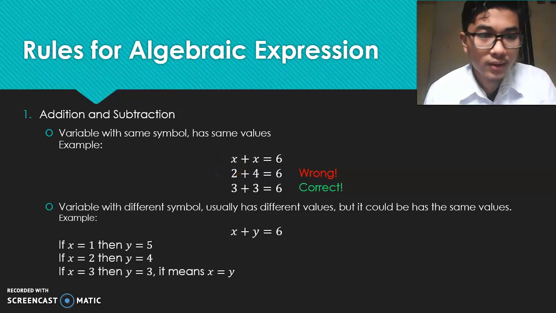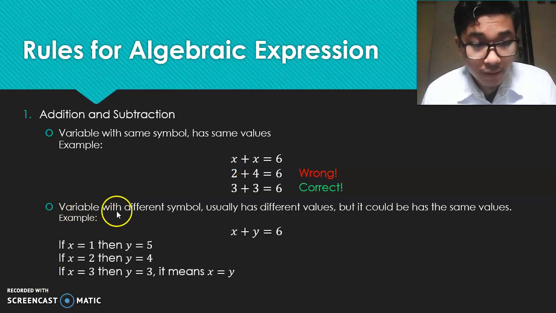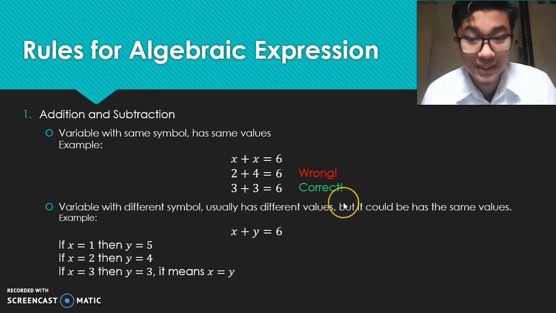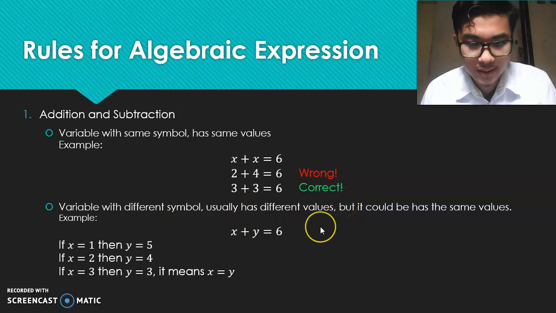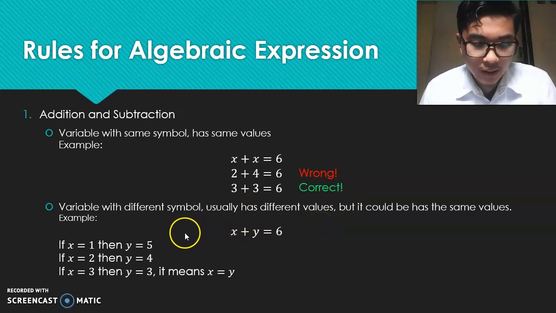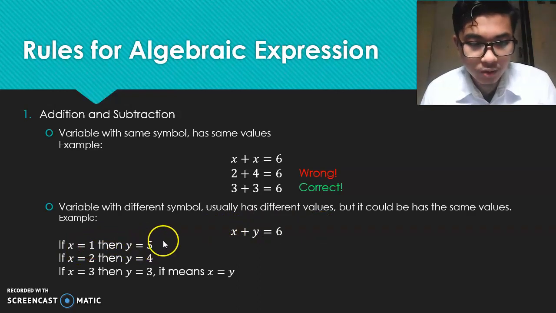Next, rule number two: variables with different symbols usually have different values, but they could have the same values. Example, x plus y equals 6. If x equals 1, then y equals 5. If x equals 2, then y equals 4. See, it varies every time you change the variable.